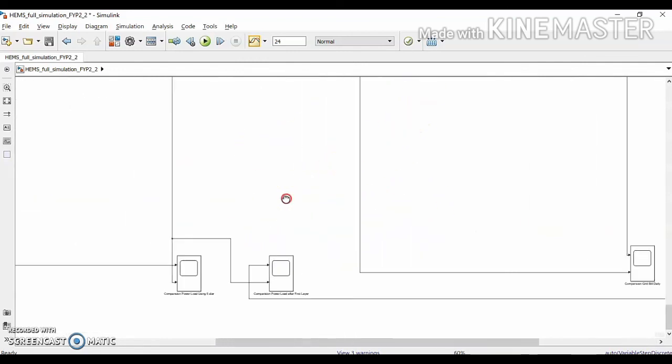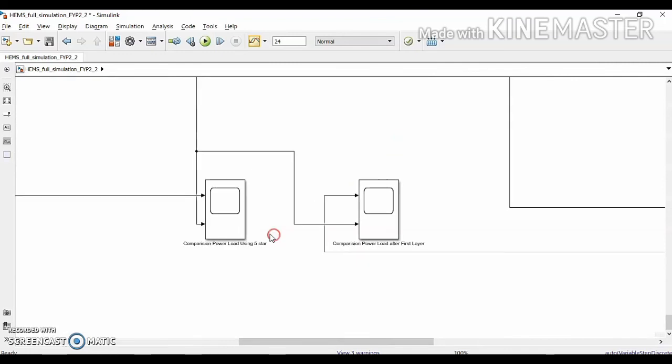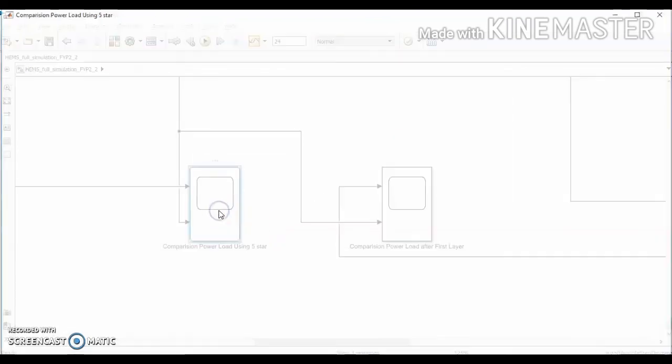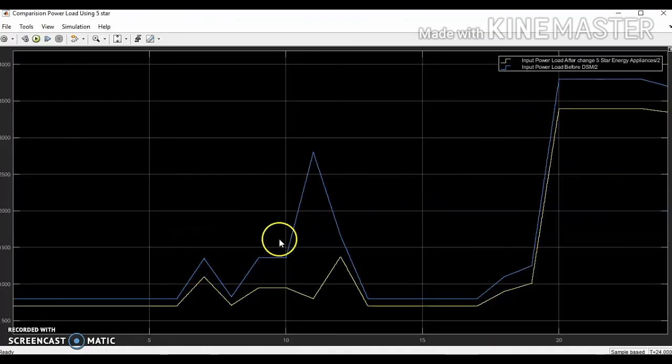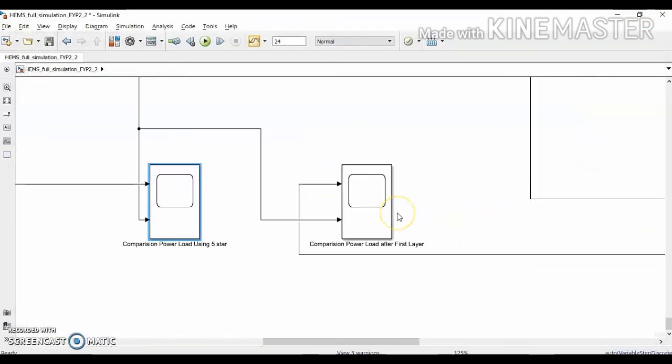For the comparison that we need to see, this one is the power load before the 5-star rating, and this one is after we change to the 5-star ratings. We can see this graph is quite different. Next is the comparison of power load after the first layer.